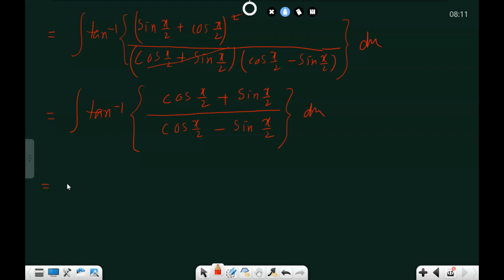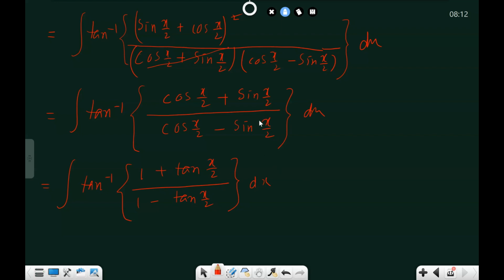And this is equal to, your term is tan inverse. Now, in the numerator and denominator, in this term and this term, you can divide by cos. So it will be now 1 plus this is simply tan x by 2, divided by 1 minus this will be now tan x by 2. Each term is divided by cos x by 2 to make this one.